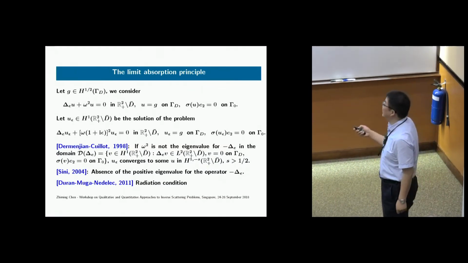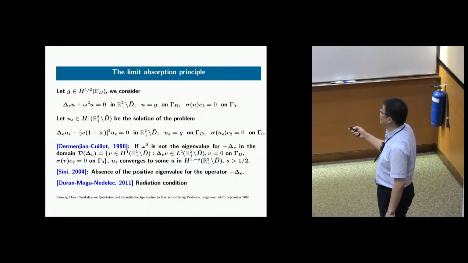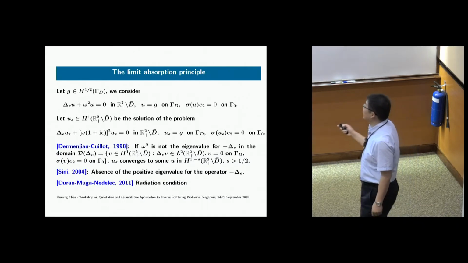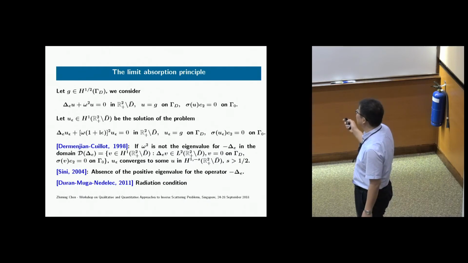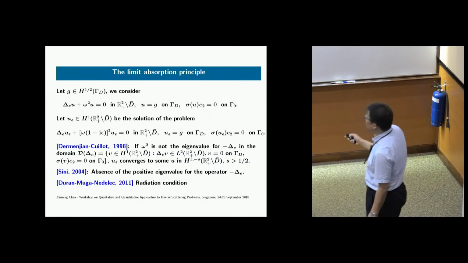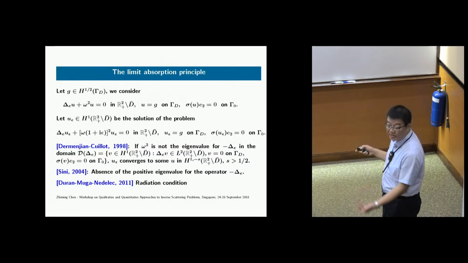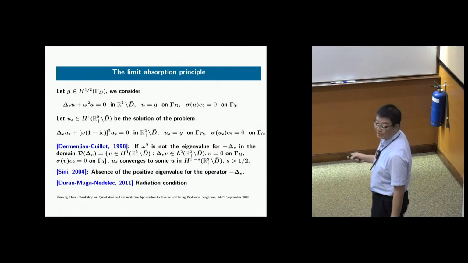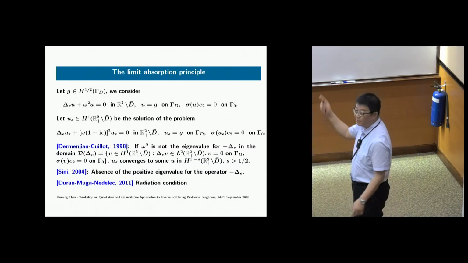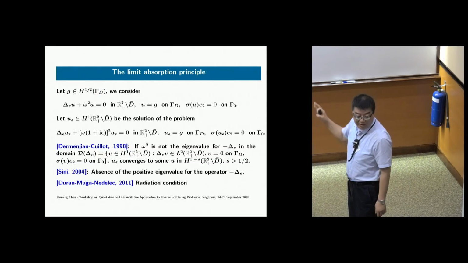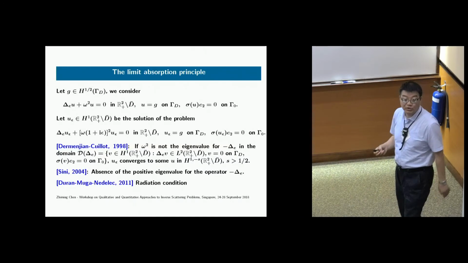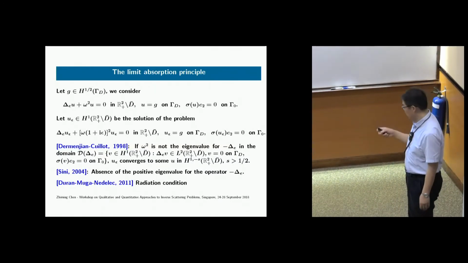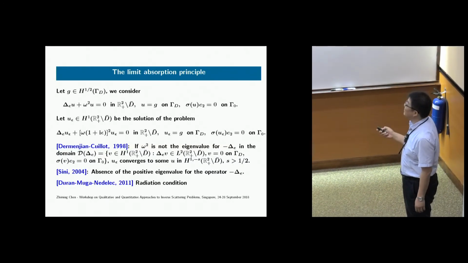There is literature on this, going back to the 98 papers. And if omega squared is not an eigenvalue of this linear elastic operator, then we have this convergence. Now the absence of a positive eigenvalue for this operator is proved in Cine. It is a slightly different setting, but it can be easily extended to this setting. So this is the way to define the scattering solution of the half space elastic scattering problem. Okay, so this is the forward problem.